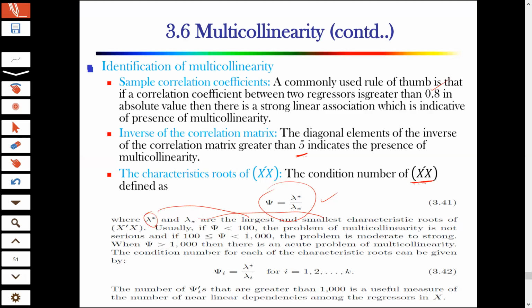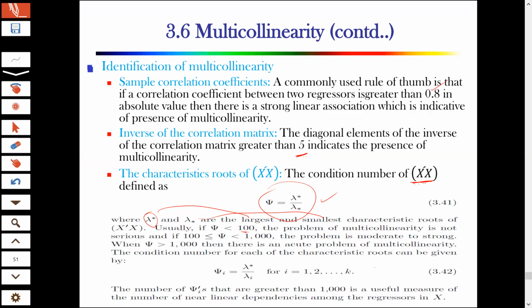If that value is less than 100, the problem of multicollinearity is not serious. If it is 100 to 1000, the problem is moderate to strong, and if it is greater than 1000, then there is an acute problem of multicollinearity.